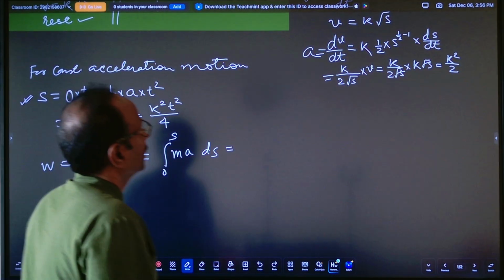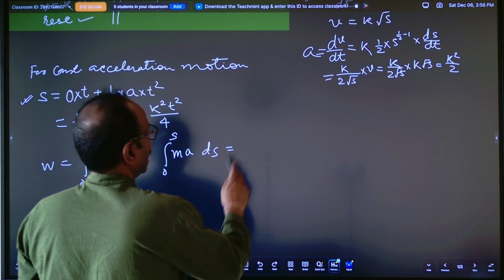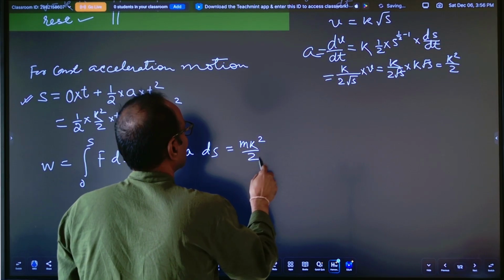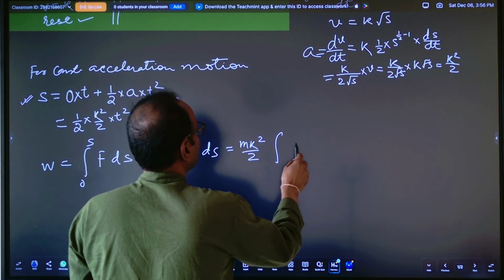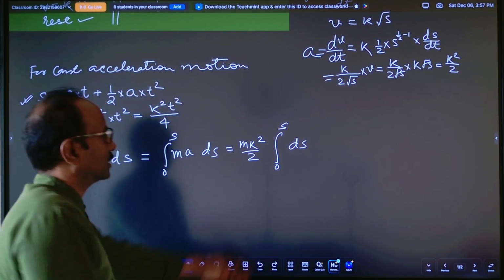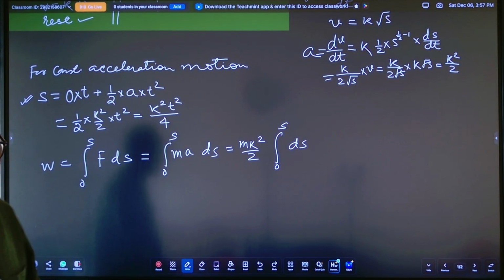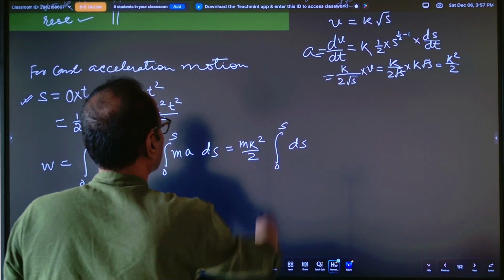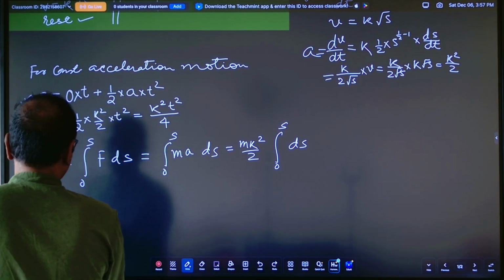What is your acceleration? k square by 2. So m k square by 2 will be constant, so we will take it out of the integration sign. And this will be 0 to s, since it started from rest and from position 0 we have taken.